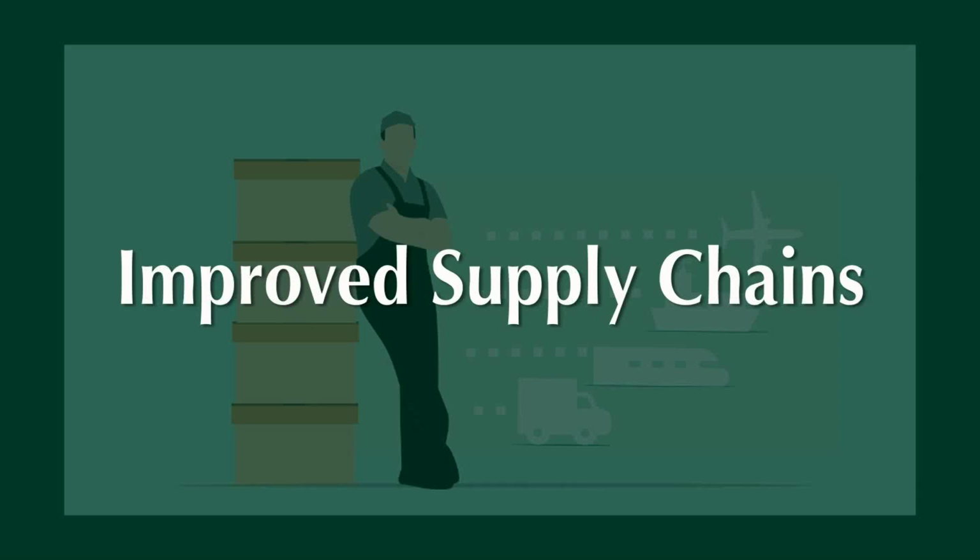Along with production, there is a need to have an improved supply chain so that food grains are available to different regions of the country, or you can say different regions of the world. So how can we do this? How can we improve the supply chain? First, by reducing food loss and wastage.